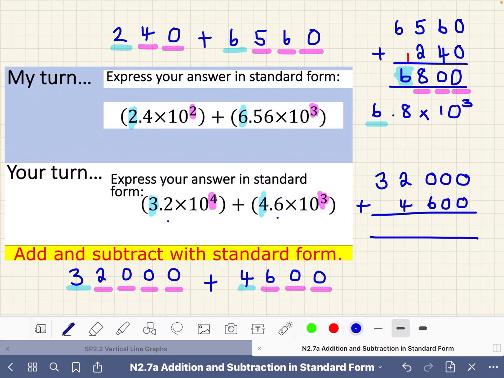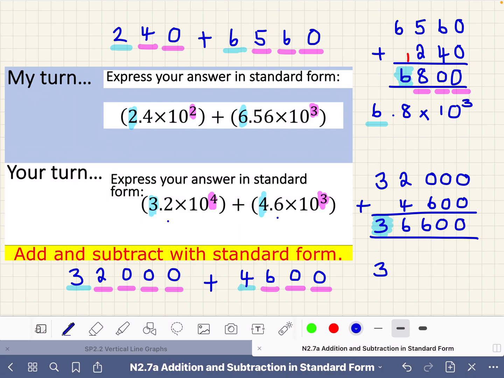0 add 0 gives us 0. 0 add 0 gives us 0. 0 add 6 is 6. 2 add 4 is 6. And 3 on its own is the 3. We have an answer of 36,600, but we must remember that the number must be expressed in standard form. That means our number will start with a 3.